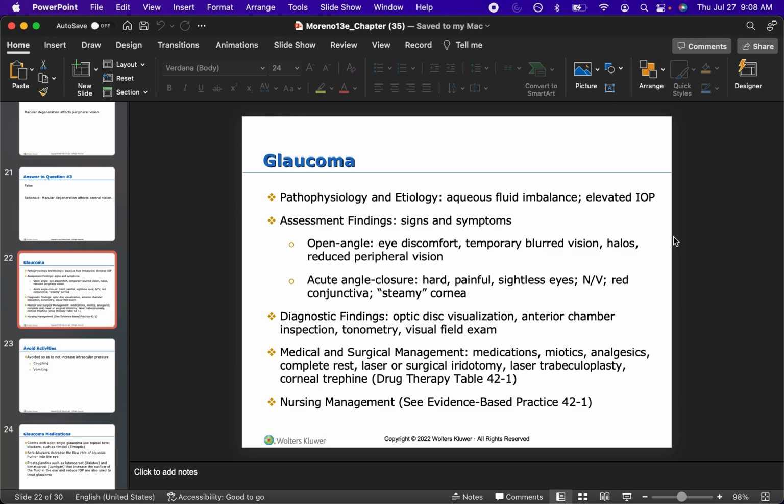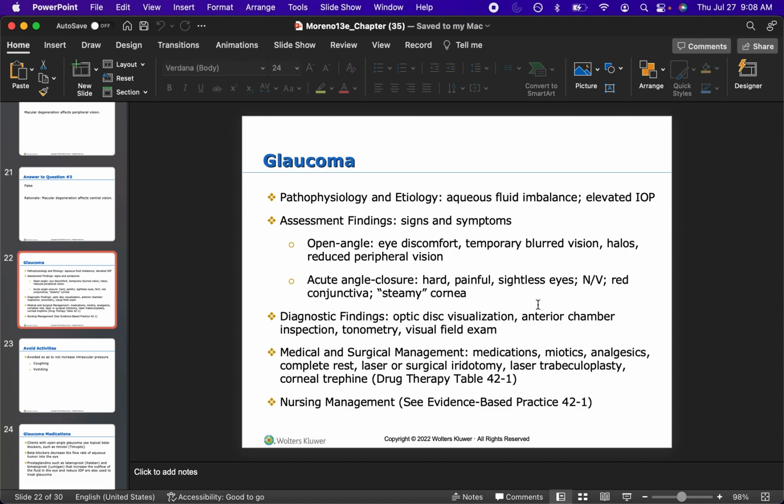With acute angle closure, maybe a hard, painful, sightless eye, some nausea and vomiting, red conjunctiva, and a steamy cornea. It feels blurred, like when you look through glass that has that steamy appearance.